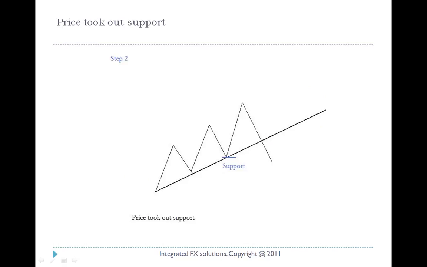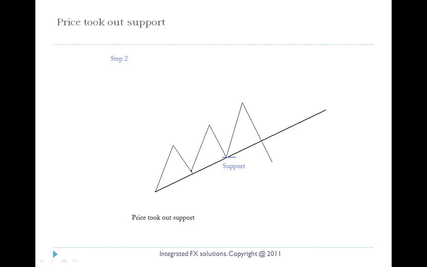Step 2, price took out support. The first step, price broke the trend line. At that point, we will be watching what price is going to do. What's the next thing? Here, price broke the trend line as initially stated, but this time it took out the support.